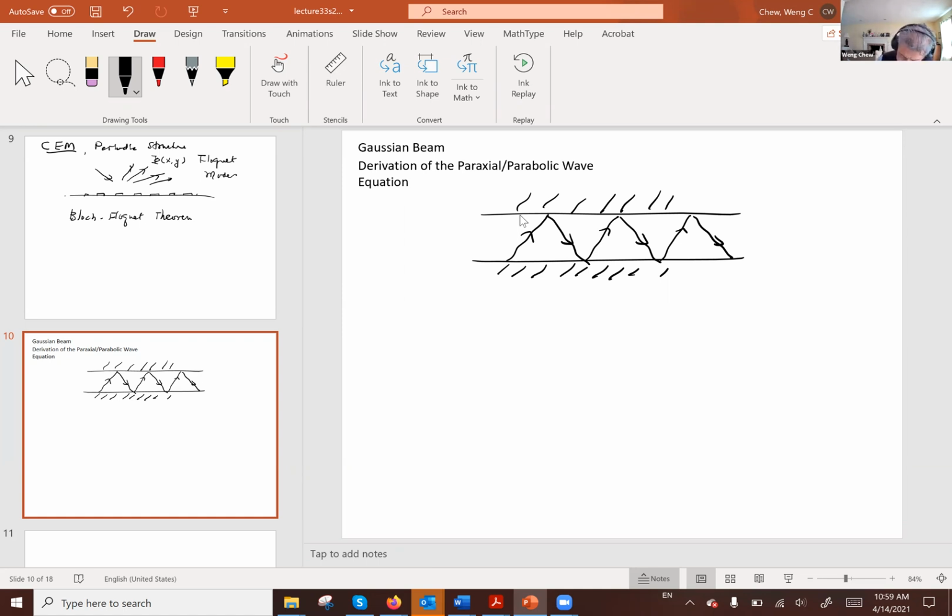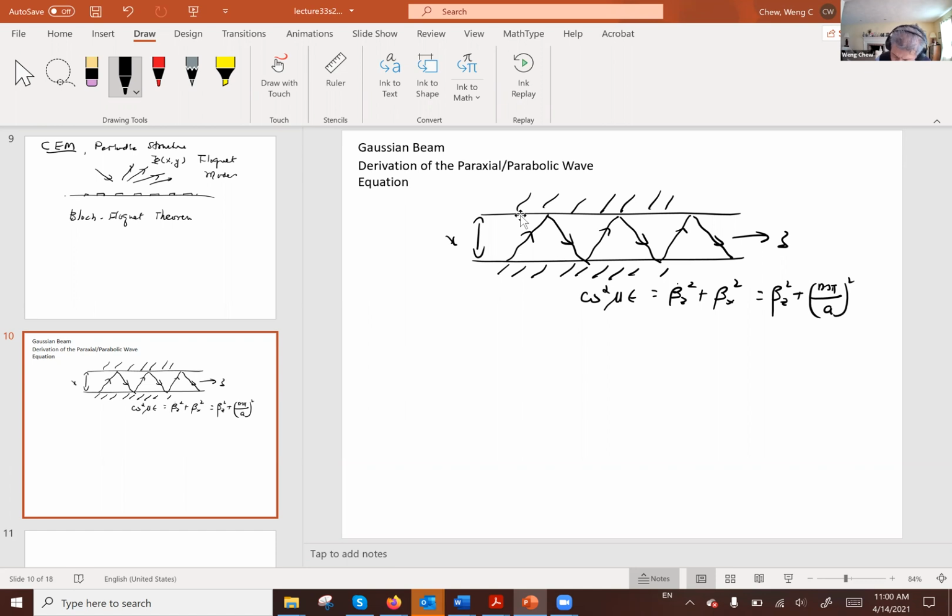However, when the frequency is very high, you probably know that omega squared mu epsilon must be equal to beta z squared plus beta x squared, if I call this z, and then call this x direction. You can probably remember that this is beta z squared plus (m pi over a) squared or something. The x direction has to be discretized.